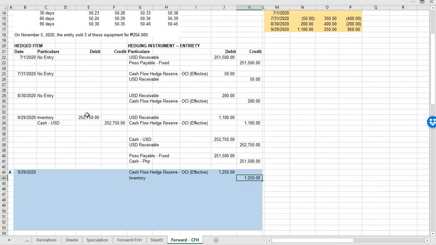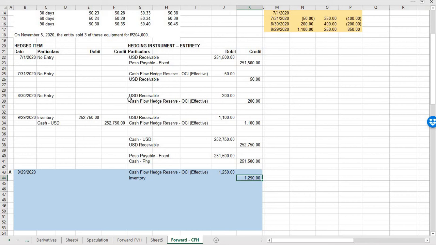So, magkano na siya? 252,750 minus 1,250, that is 251,500. At ano yung 251,500? Siyempre, yun yung ating fixed price. Nakalock in na yung inventory natin, ibig sabihin, doon sa presyo na to, 251,500. So, bakit 251,500?